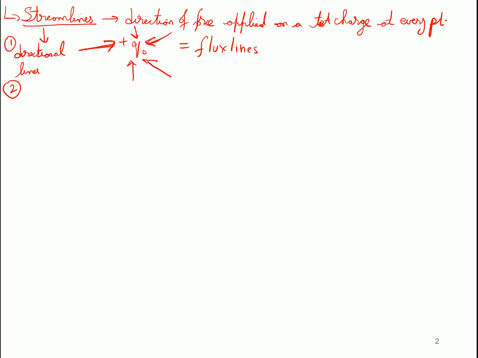The second way is field lines. They are referred to as field lines as well. Then they are referred to as lines of force around a charge.